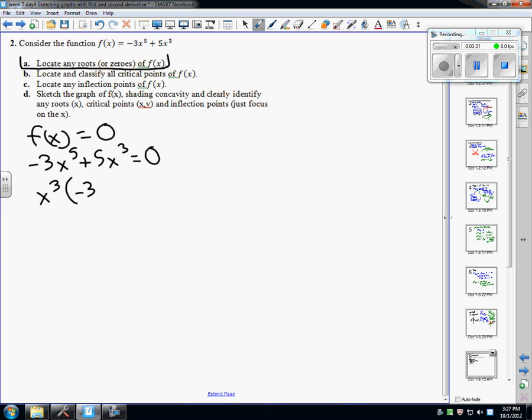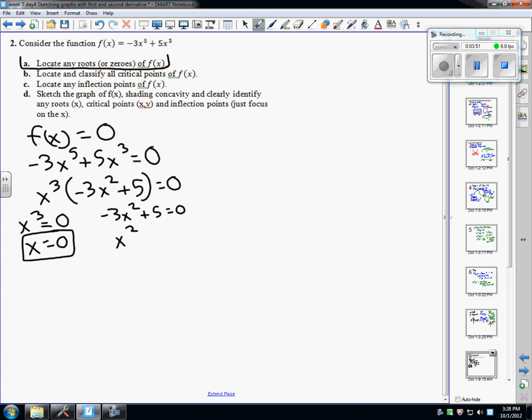So I get negative 3x squared plus 5 equals 0. Right away, x cubed equals 0, that's at 0. And also negative 3x squared plus 5 equals 0, so x squared equals 5/3, and x equals plus or minus the square root of 5/3.